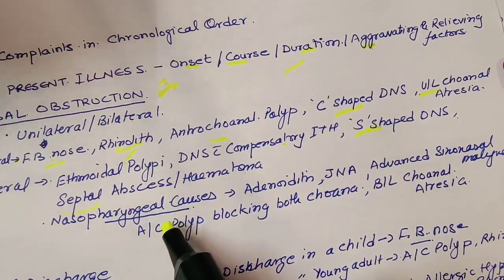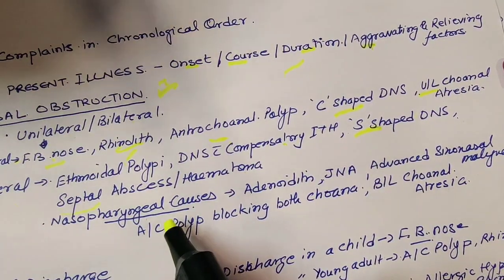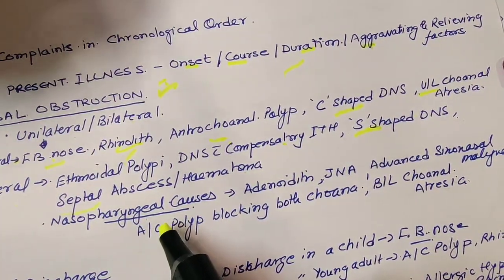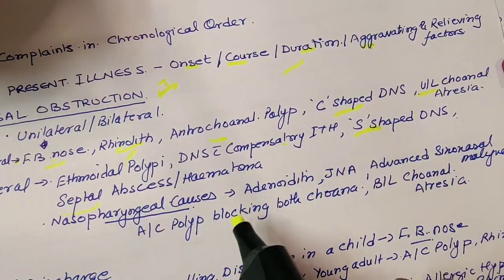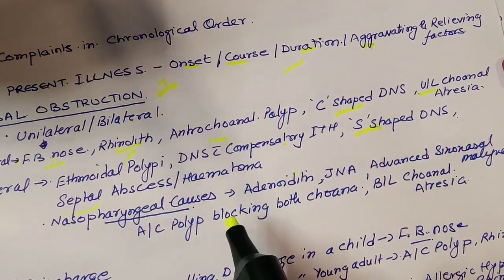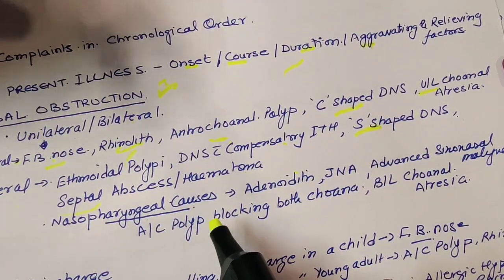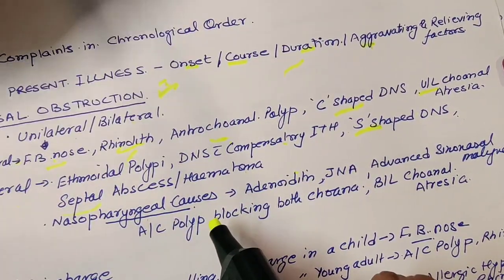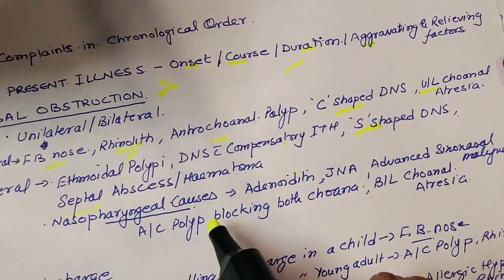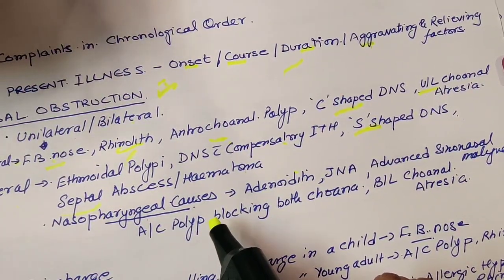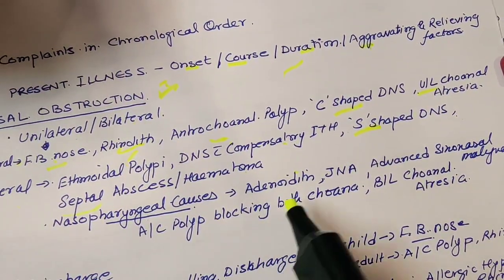And another cause, the nasopharyngeal causes of bilateral nasal obstruction, are adenoiditis, which is very common in children. You will have children coming to you in OPD who are mouth breathing, and parents complain that their son or their daughter is not able to breathe from the nose.